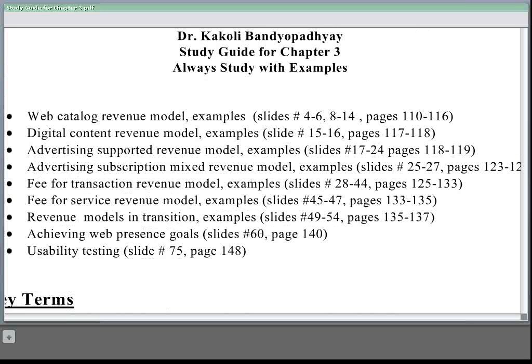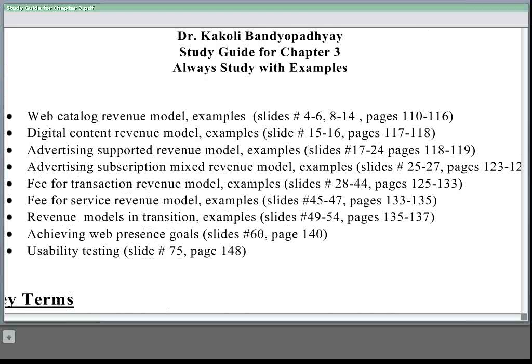Basically, these are a replacement of a mail order catalog based model. Examples would be companies selling flowers, gifts, clothes, computers, books like Amazon.com, 1-800-Flowers, proflowers.com, Buy.com, and so on. So they have taken their catalog online.